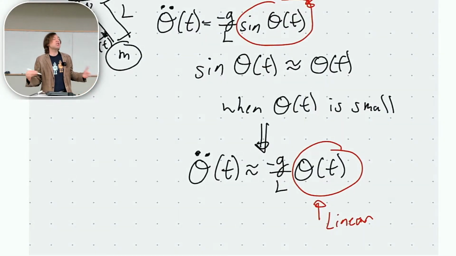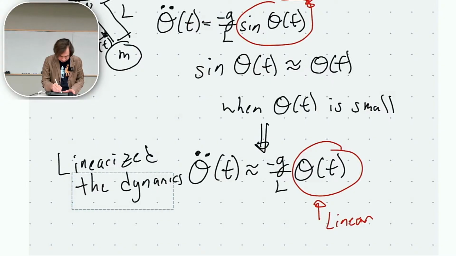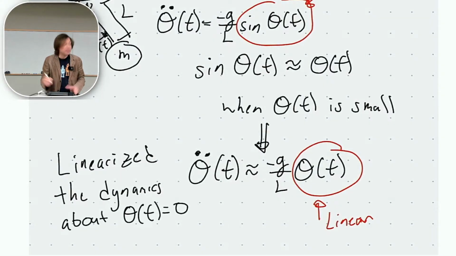Well, that is just one example of what we call a linearization. Okay, so here we have linearized the dynamics about theta of t equals 0, meaning when it's close to 0. That's another way of saying that, okay?